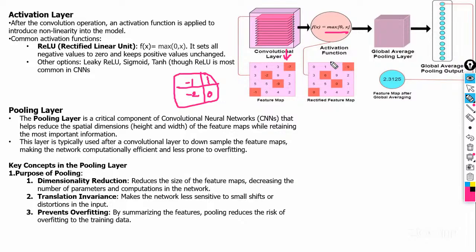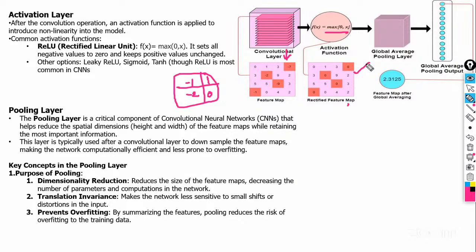How come? Simple. Max of 0, comma minus 7. What is the x value here? Minus 7. So between 0 and minus 7, what is the maximum value? 0. So ReLU helps us to get all the negative values set to 0, and it will have only positive values.